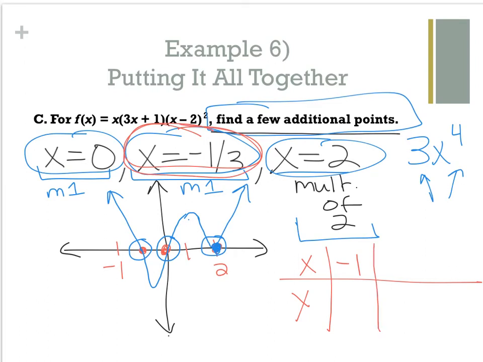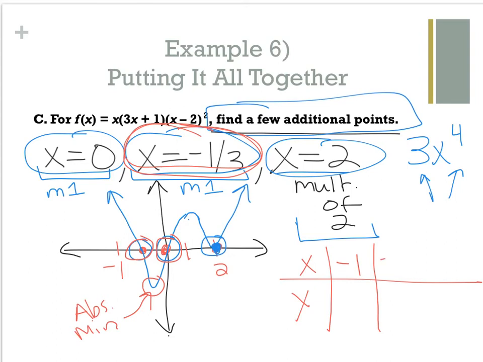Then I might choose another x value somewhere in between negative 1/3 and 0, because I have a 0 at negative 1/3 and one at 0. I might want to know where the graph has a relative minimum, or an absolute minimum rather. I might want to figure out where that's at. And so I might estimate somewhere between negative 1/3 and 0.